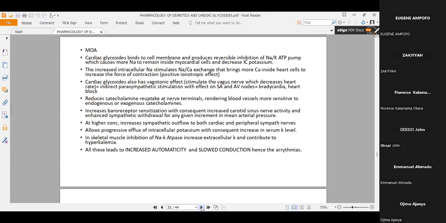Cardiac glycosides also have a vagotonic effect; they stimulate the vagus nerve, which decreases heart rate by indirect parasympathetic stimulation with effect on the SA and AV nodes, leading to bradycardia and variable degrees of heart block. They reduce catecholamine reuptake at nerve terminals, thereby rendering blood vessels more sensitive to endogenous and exogenous catecholamines.